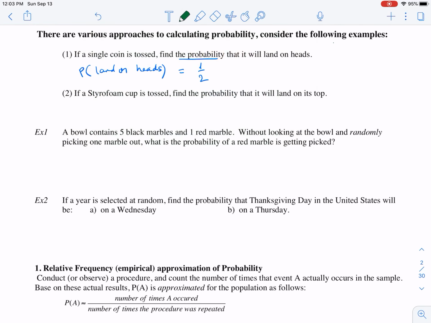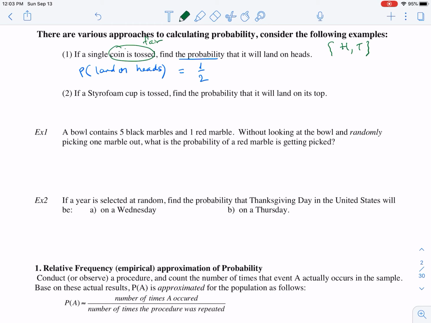There is either heads or tails for one single coin toss, so that's the sample space. There's only one head, so you get 1/2. How do we know this here? Because there are only two outcomes, and we assume that the coin we toss is a fair coin.